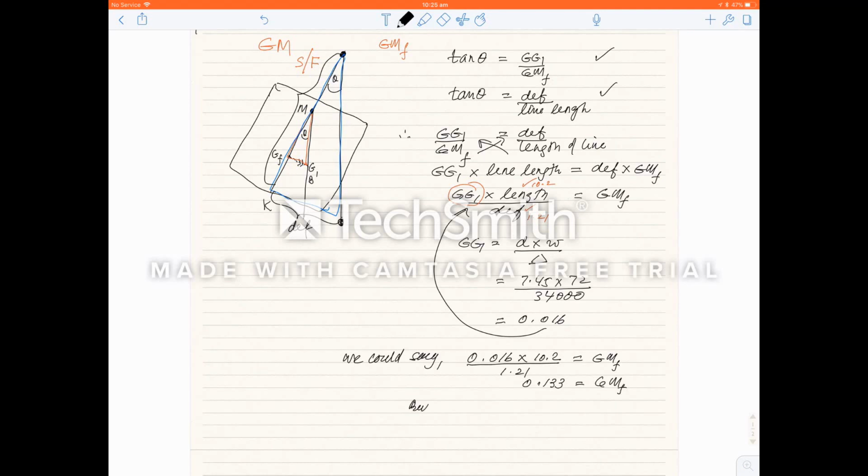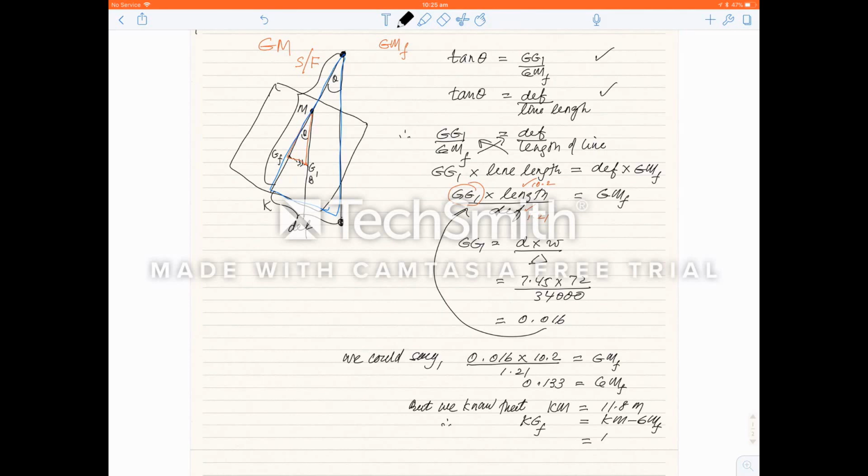But we know that Km at the time of inclination is given in the sum as 11.8 meters. Therefore, KG fluid will be equal to Km minus GM fluid.